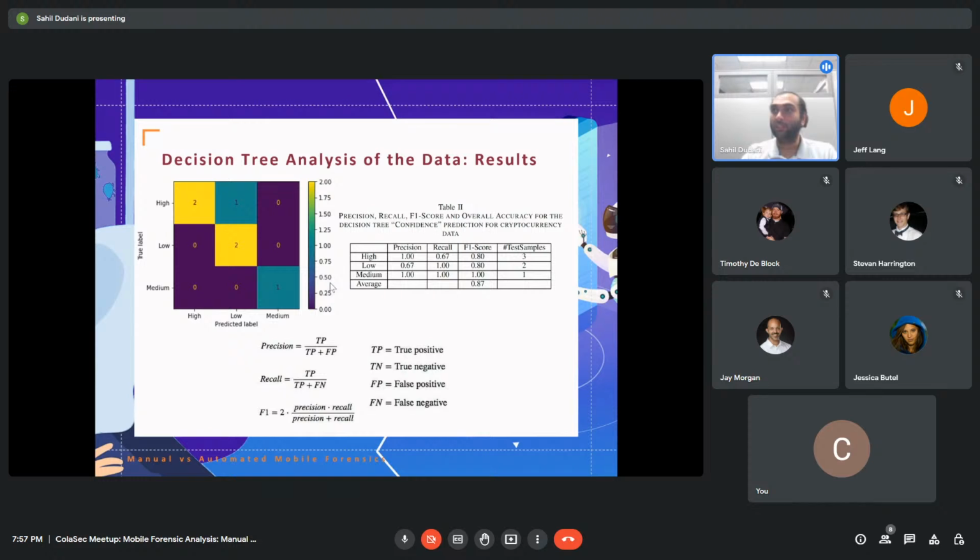The average is 0.87 or 87% accuracy in terms of classifying whether an artifact must be placed in the high, medium, or low category. And as the amount of data increases, this is going to go up. We just had probably 20 records, and we even had to split it into test and train. This would improve as there are more data points.